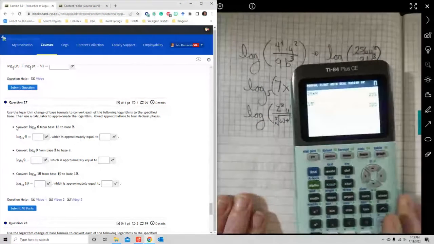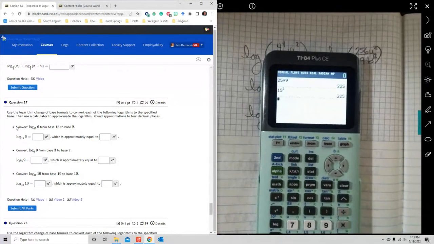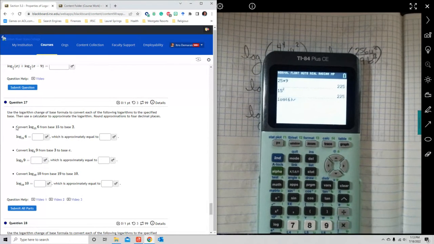In case some of you don't have your calculators, this is where the change of base formula is introduced to you. All you have to do is take the log of what you're taking the log of, not the log of the base, which is 6, divided by the log of the base.